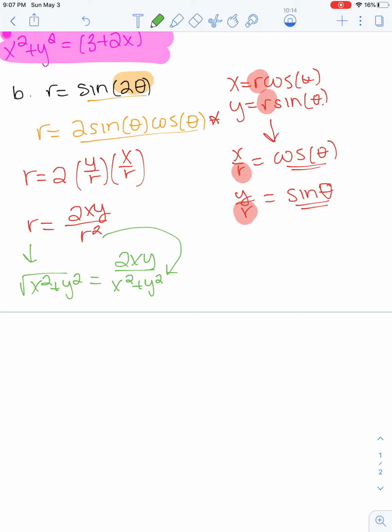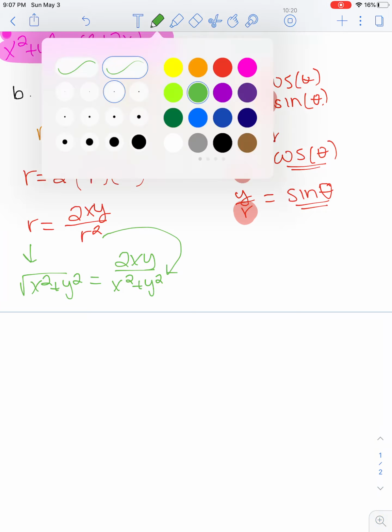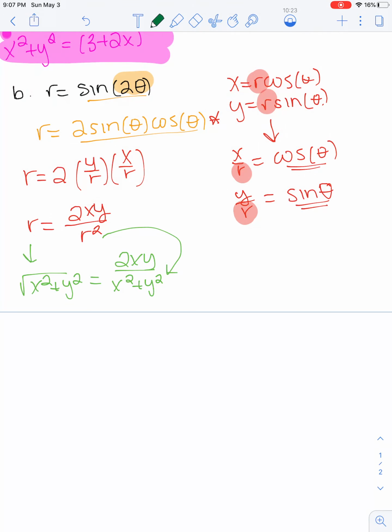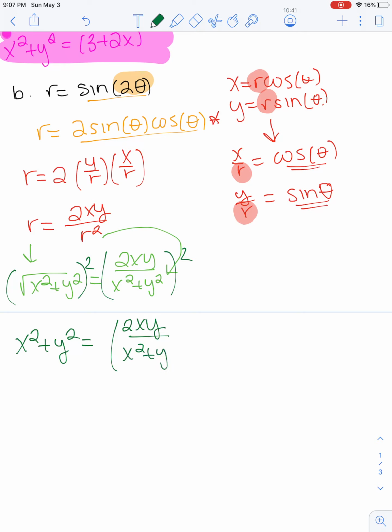Okay. So technically, I do have an equation in terms of x and y, so I could be done. I think it's best just to go ahead and clean this up a little bit. If you square both sides, you can see that this is equivalent to x squared plus y squared equals the quantity 2xy over x squared plus y squared, all of that squared.